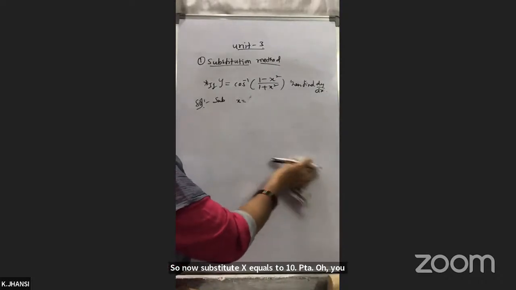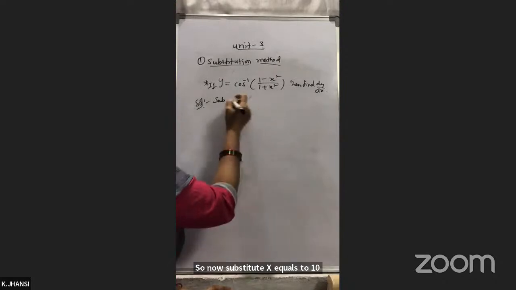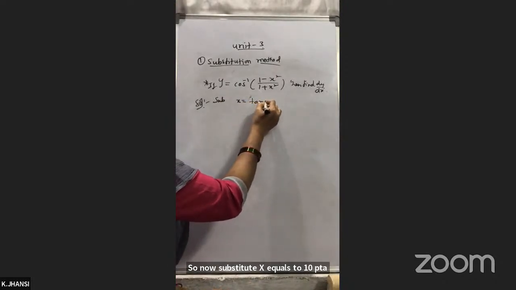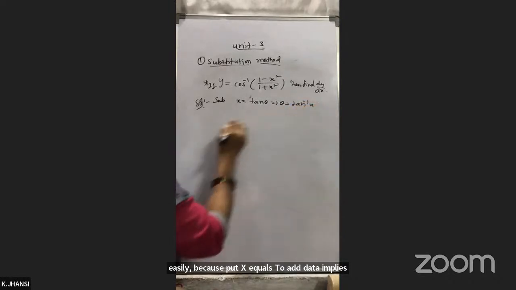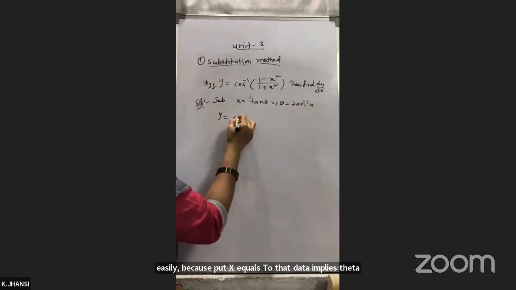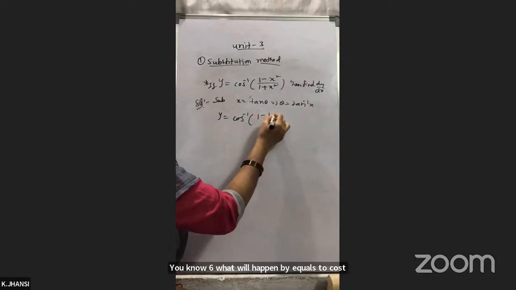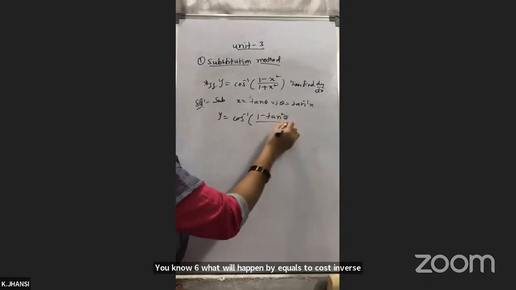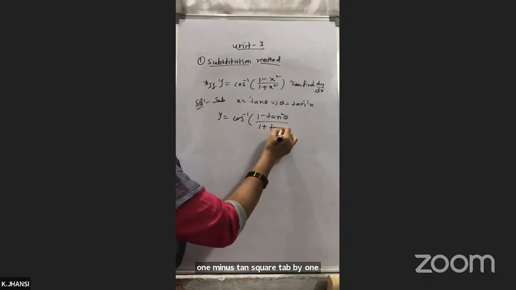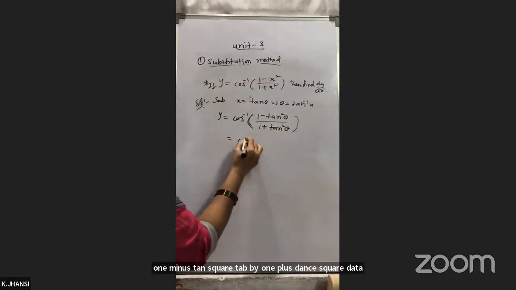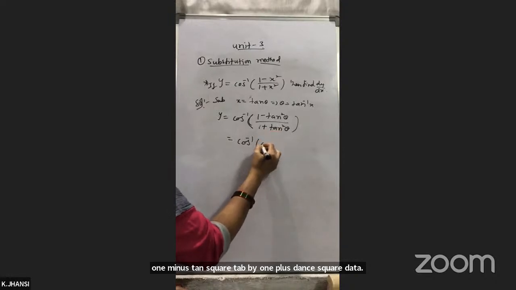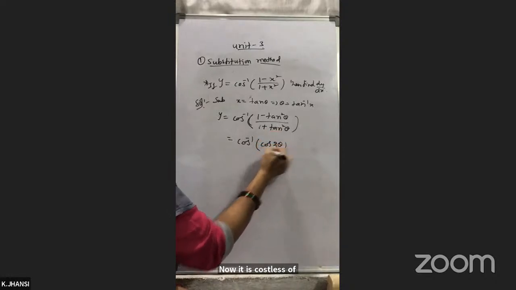So if you know the formulas, then you can solve this easily, because put x equals to tan theta implies theta equals to tan inverse x. So what will happen? y equals to cos inverse of 1 minus tan square theta by 1 plus tan square theta. Okay. Now it is cos inverse of, this is cos 2 theta.